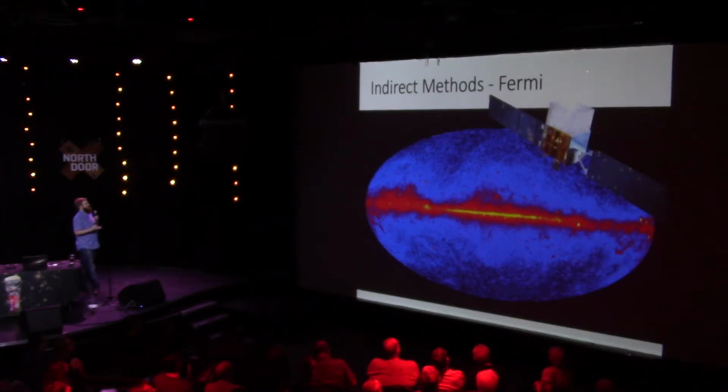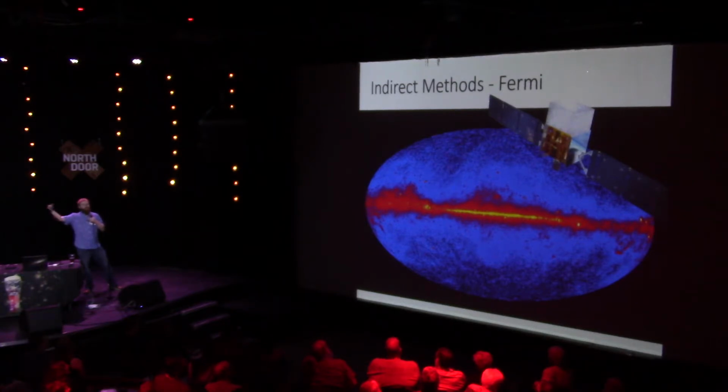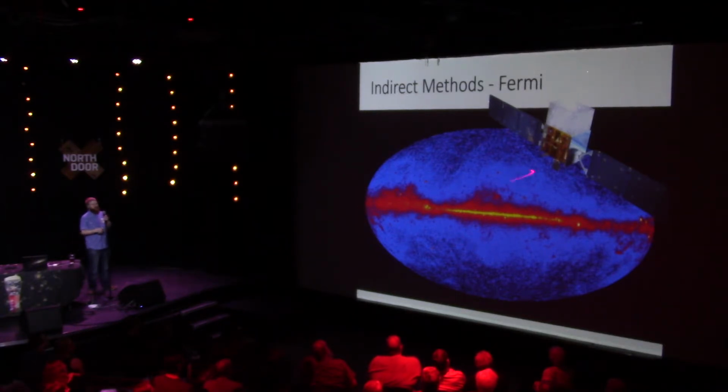Another way to do indirect methods is by going into space and directly observing the gamma radiation that is propagating through the universe, not from gamma rays hitting the Earth's atmosphere, but gamma rays that were produced when cosmic rays hit other things out in space. This is a map of the Milky Way with the Fermi telescope, with gamma rays greater than 1 giga electron volt, and you can see it covers exactly the same area.